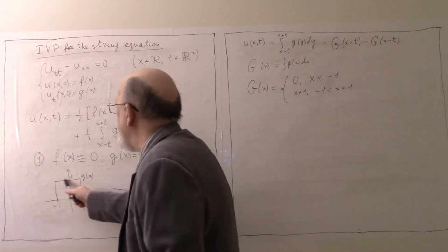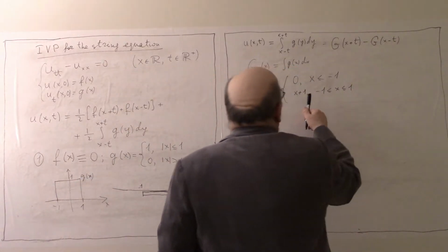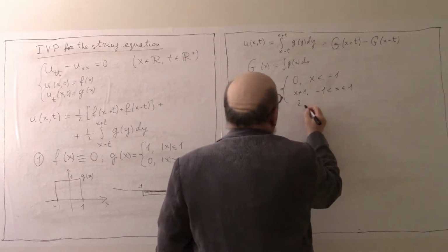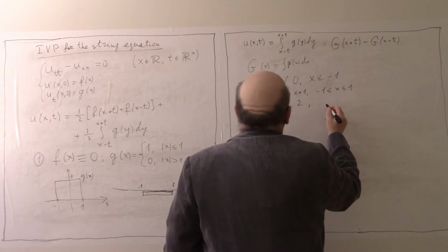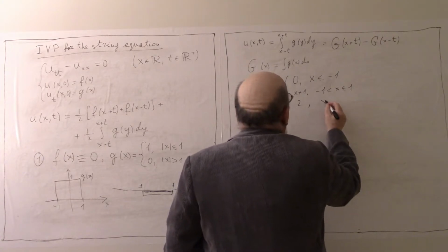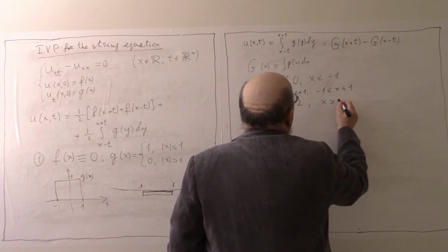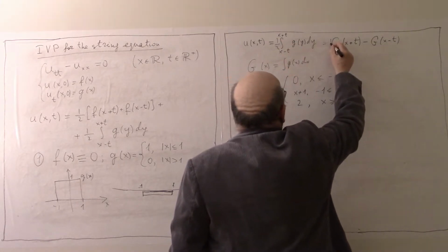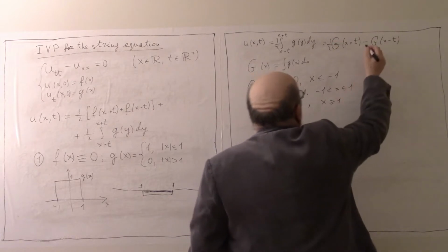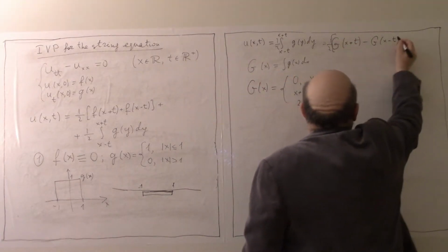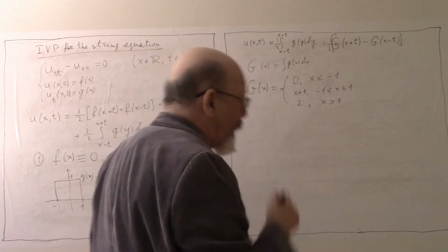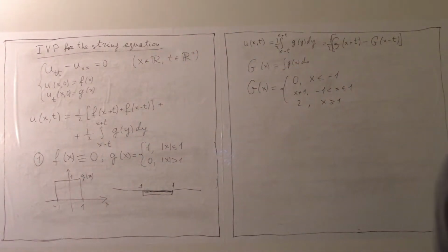So we integrate this 1, and then at the point 1 it is 2, so it is 2 for x more or equal than 1. Here is 1/2, of course. This formula is G capital of x, the primitive function.